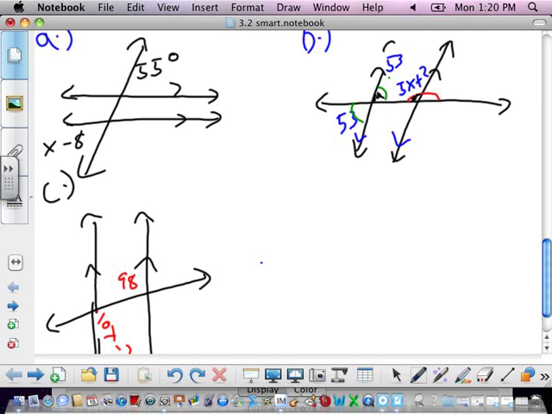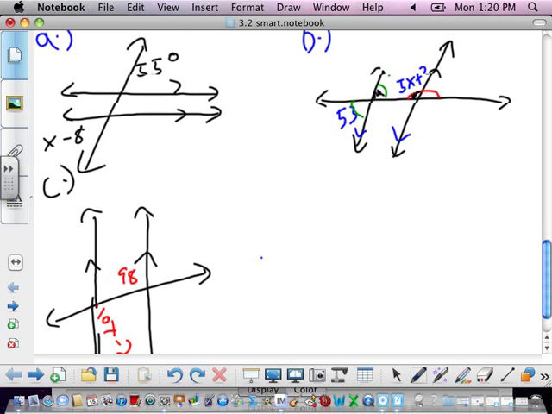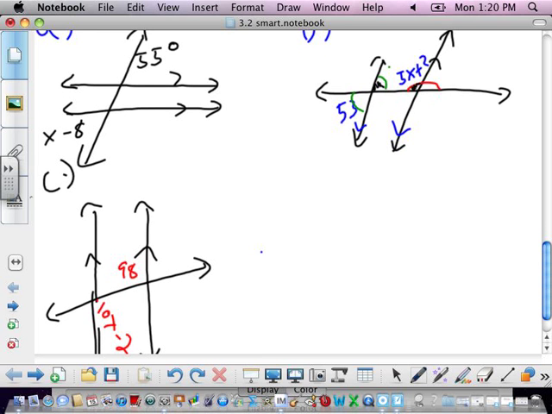For B, I've got, in this corner, 53. Inside these 2 lines, I've got 5x plus 2. For C, I've got 10x minus 2 and 98.